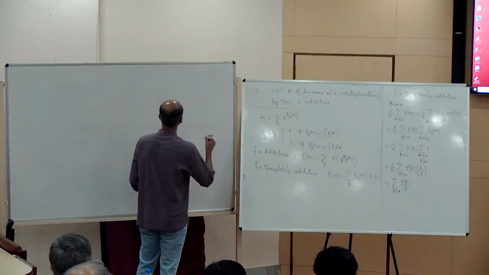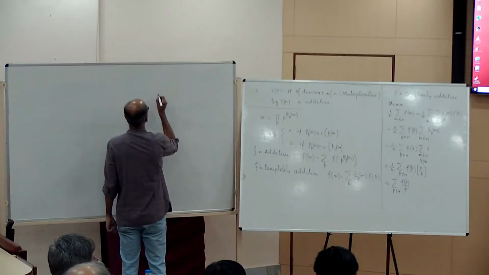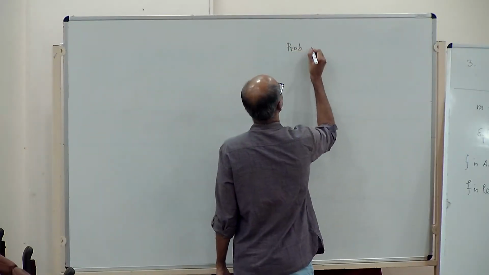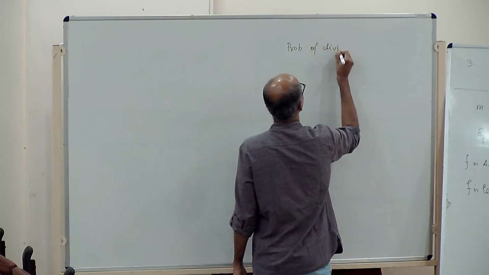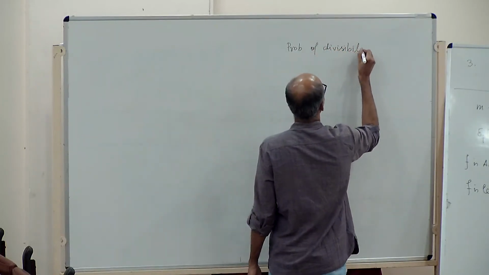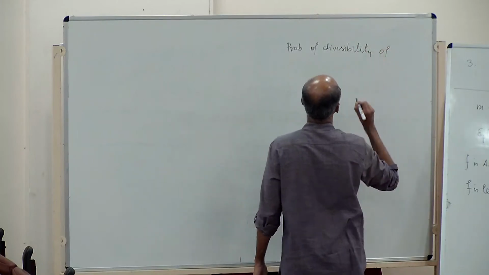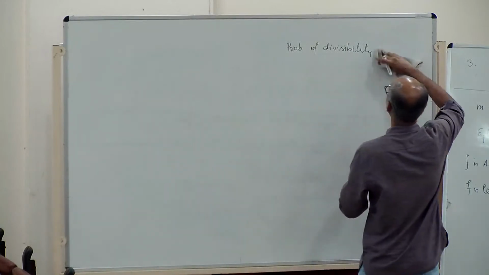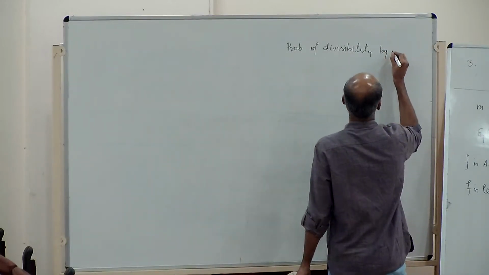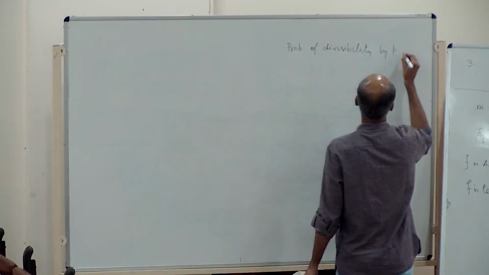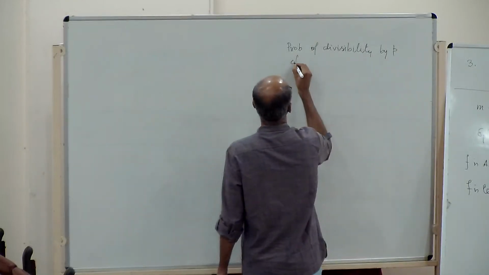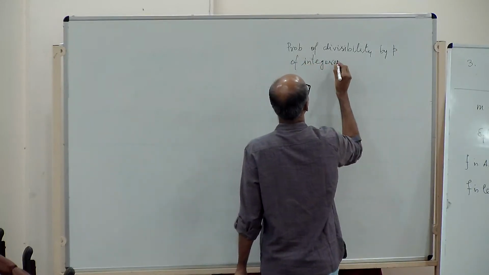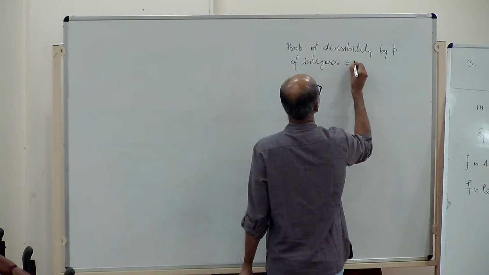So, let us look at this thing, that what is the probability of divisibility by p of integers less than equal to n.